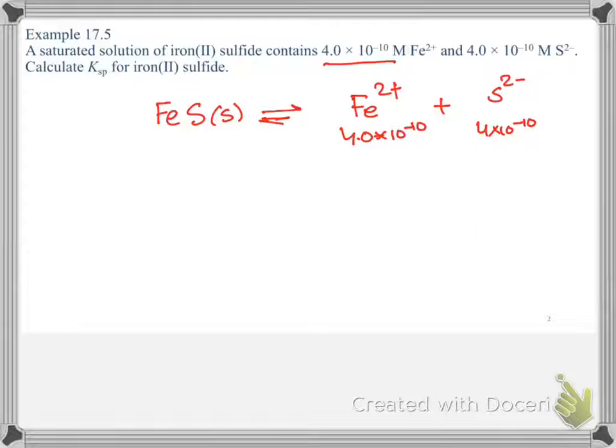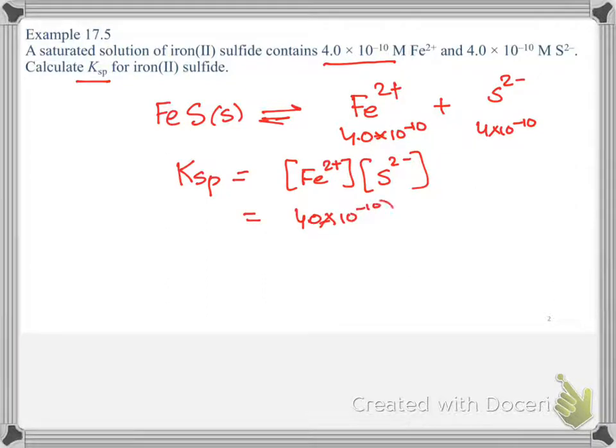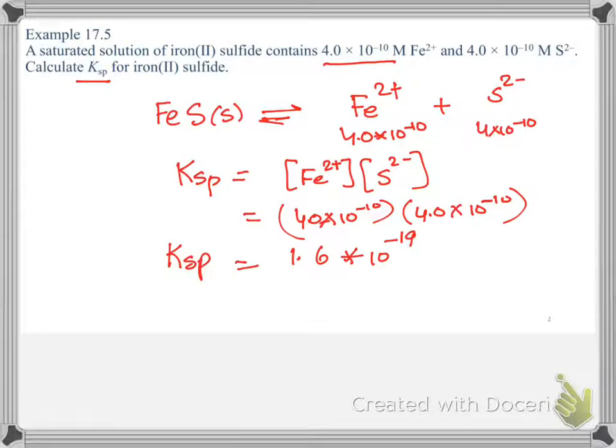The question is to calculate the KSP. So KSP is equal to the concentration of Fe2+ times S2 negative, multiply both of these, and it will be 1.6 times 10 to the negative 19. So this is the KSP value.